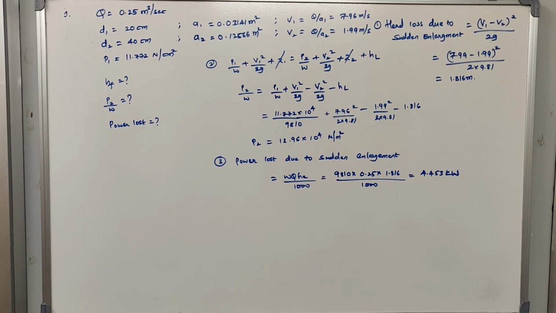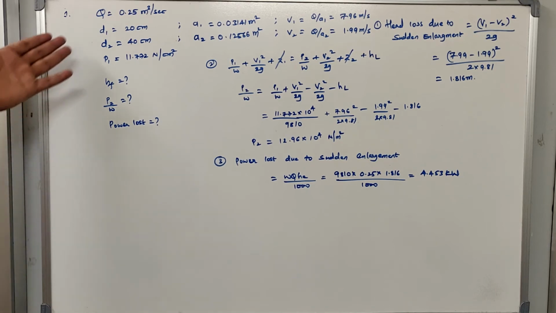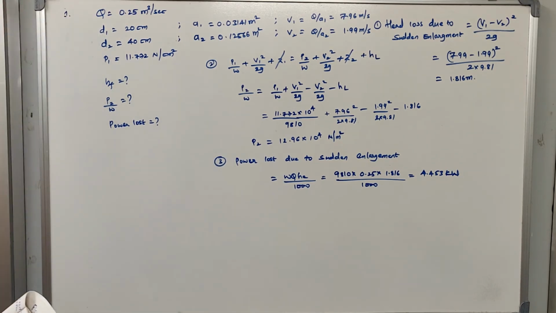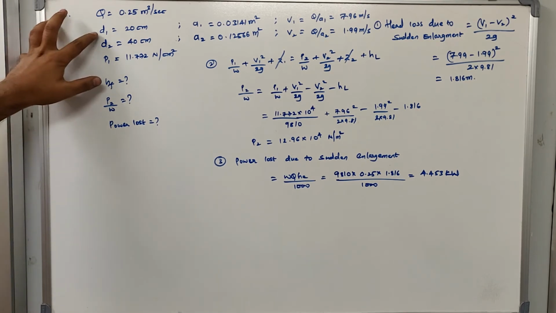So I'll write down all the given data first, then all the things to be calculated. The rate of flow is given, which is nothing but the discharge, so the discharge is 0.25 meter cube per second. Then the pipe carrying it suddenly changes from 20 centimeter to 40 centimeter. It means there is a sudden enlargement in this case, so we need to use the sudden enlargement equation.